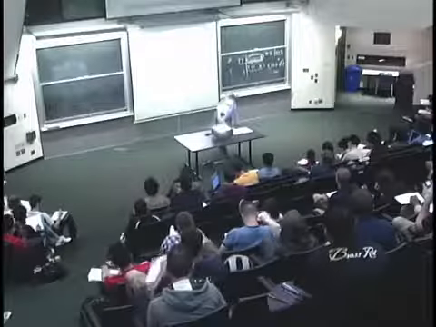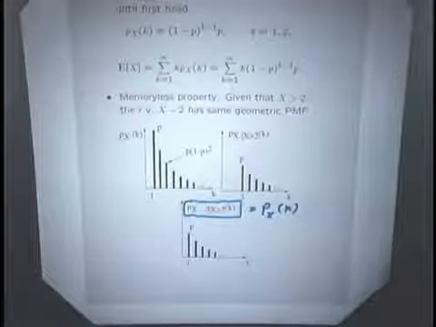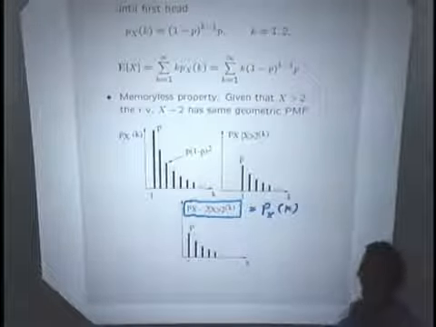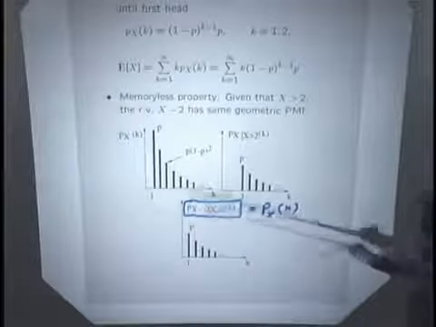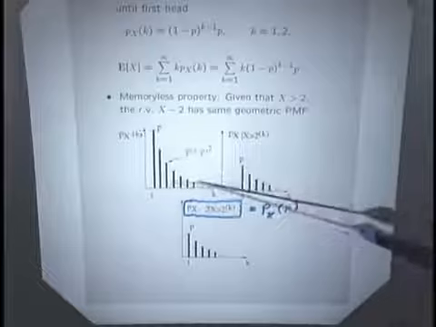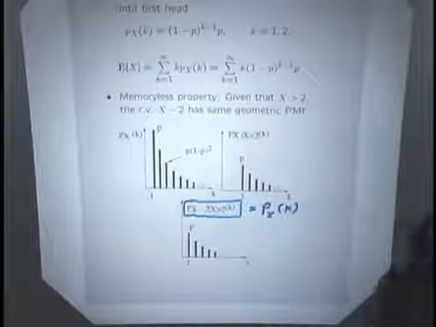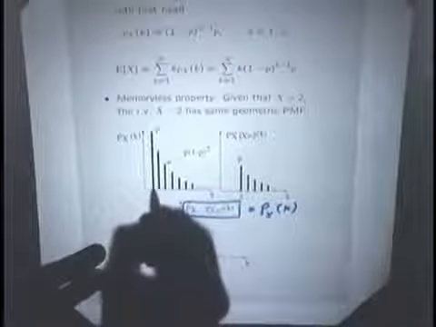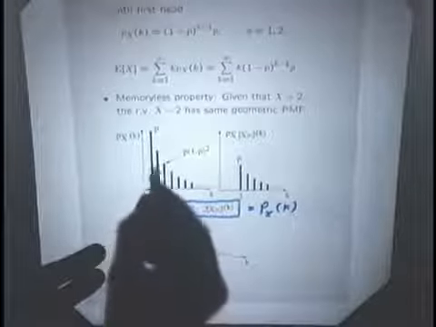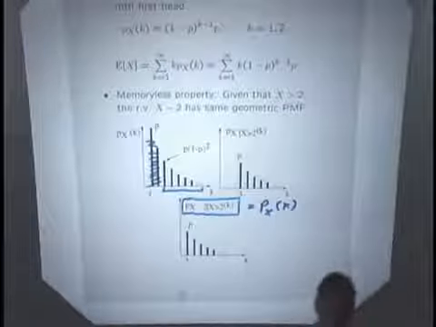The argument that I tried to give using sort of the intuition of coin flips, you can make it formal by just manipulating PMFs formally. So this is the original PMF of x. Suppose that you condition on the event that x is bigger than 2. This conditioning information tells you that this piece did not happen. You're conditioning just on this event.